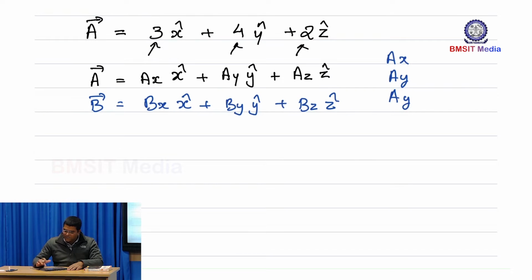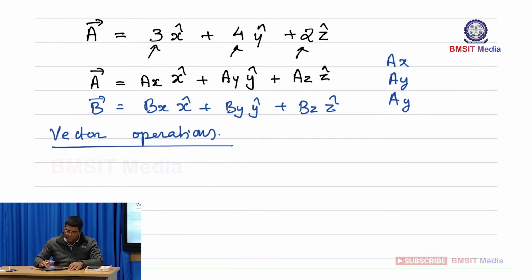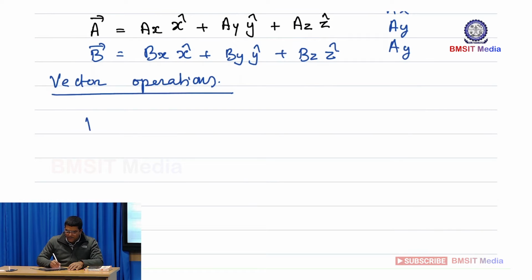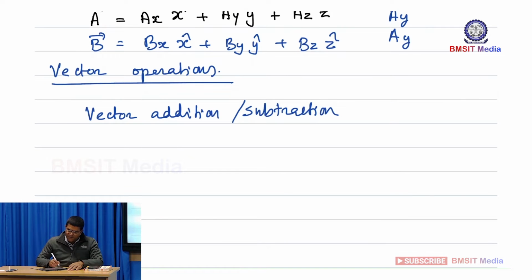Now when it comes to operations of the vector, let us understand what the vector operations are. There are many operations: we have vector addition, then vector subtraction, later we can also think about vector scaling, that is, increasing or decreasing the magnitude, which is called vector scaling.